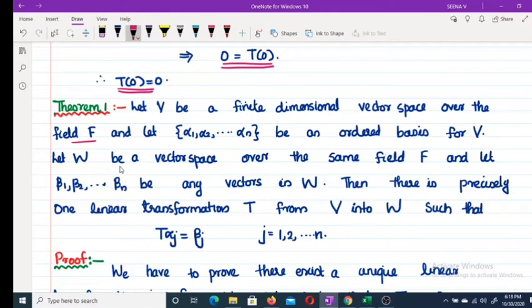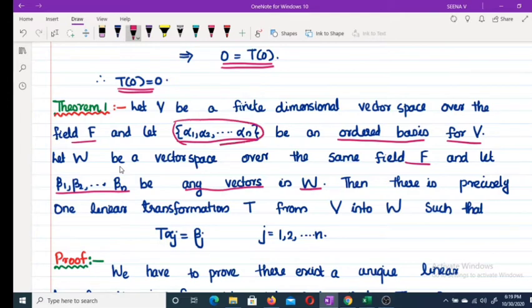The given condition is V is a finite dimensional vector space over F. And let alpha 1, alpha 2, etc., alpha n be an ordered basis for V. Now let W be a vector space over the same field F, and let beta 1, beta 2, etc., beta n be any vectors in W. Note that these are any vectors in W, but alpha 1, alpha 2, etc., alpha n is an ordered basis.